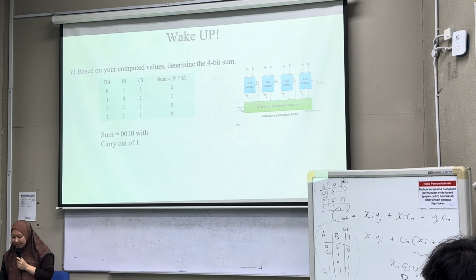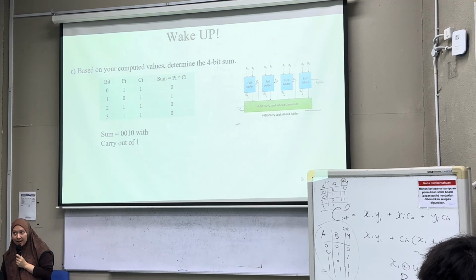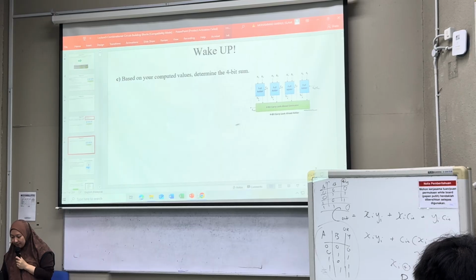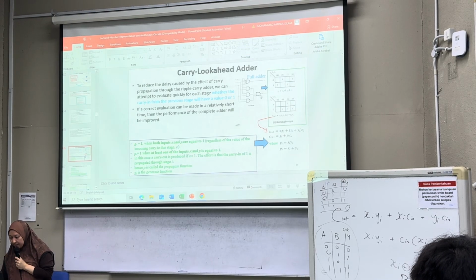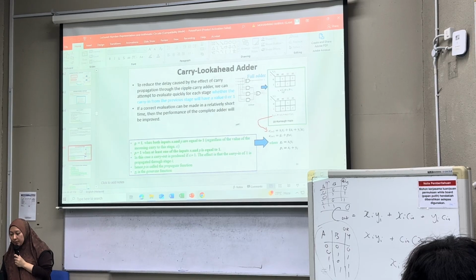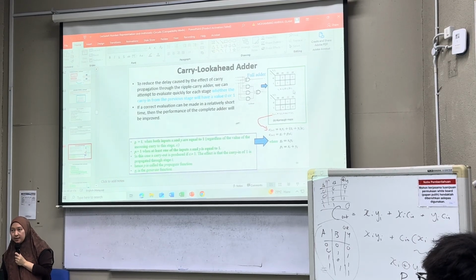This one: X XORed with Y, XORed with C. This is sum, S here. Your input XORed with your C in.